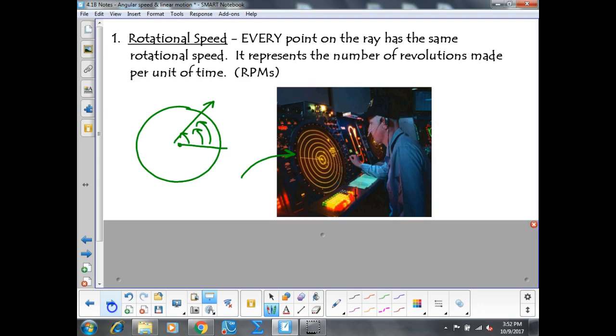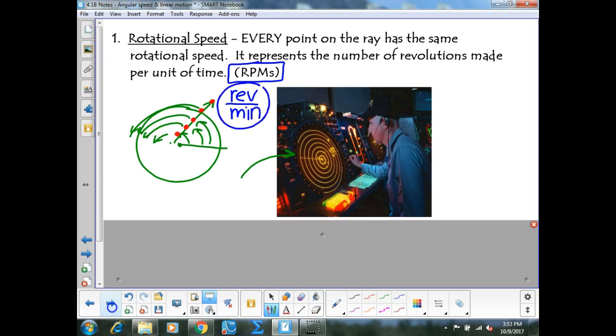The thing about rotational speed that we want to keep in mind is that it does not matter where I am along this ray; every point along the ray has the same rotational speed. How many times around are they going every minute? And rotational speed is going to be measured in RPMs, or revolutions per minute.